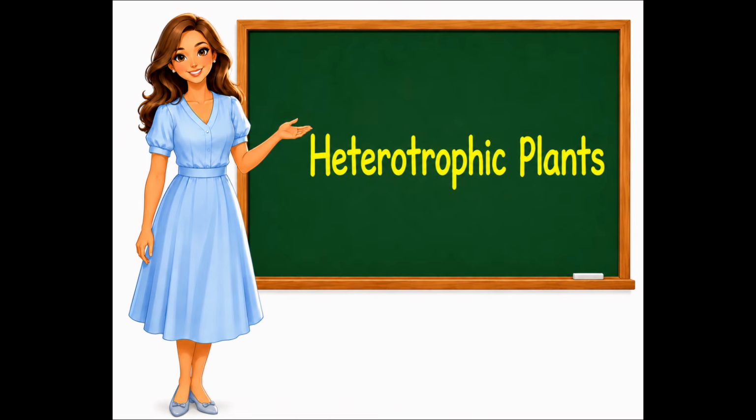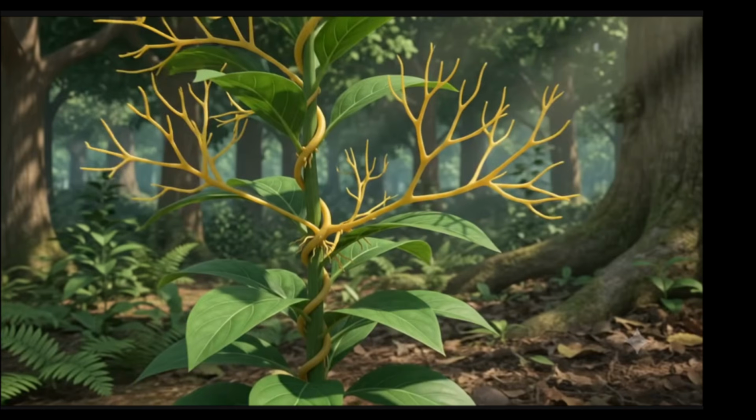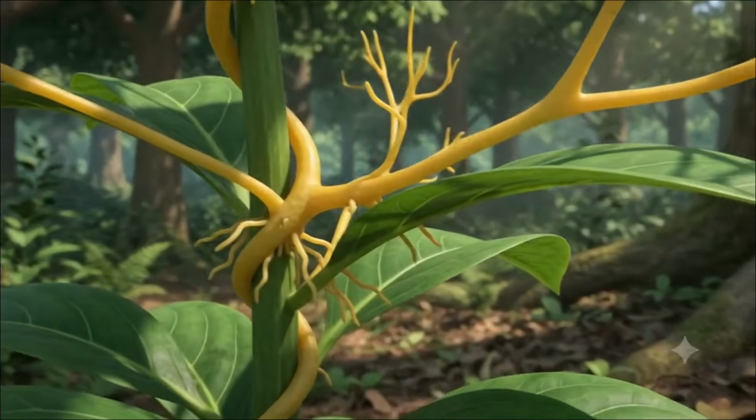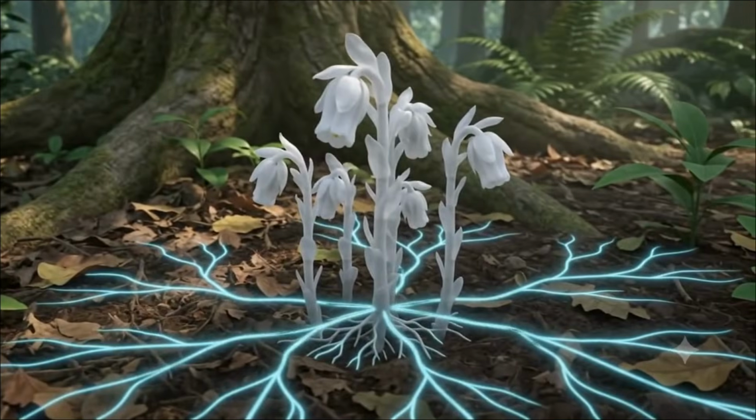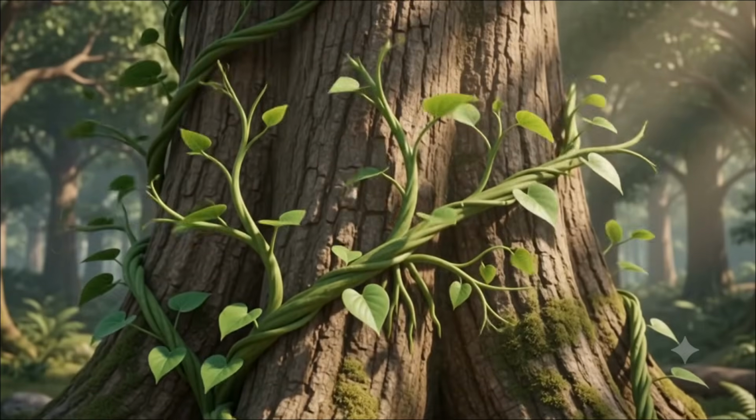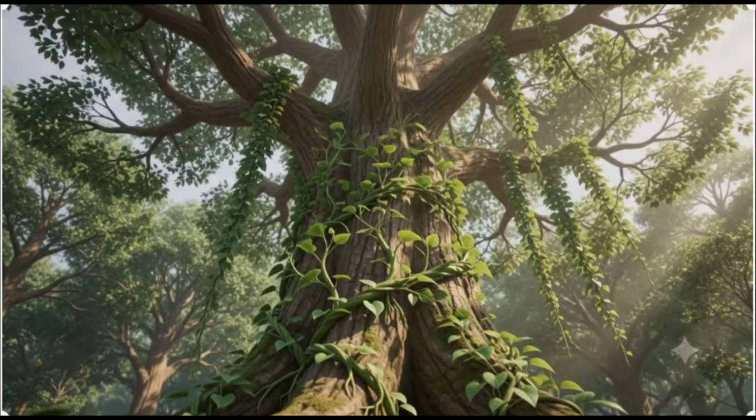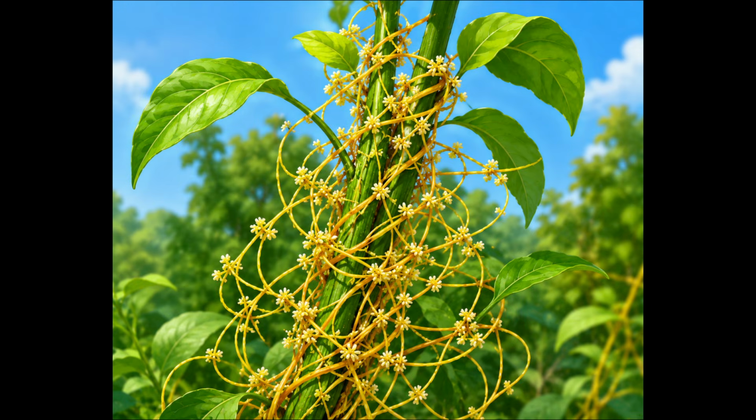Next is heterotrophic plants. Now, these plants cannot make their own food. They have to rely on other plants or organic matter for their nutrition. In fact, it grows over large trees and absorbs ready-made food from them. Dodder is an example of heterotrophic plants.